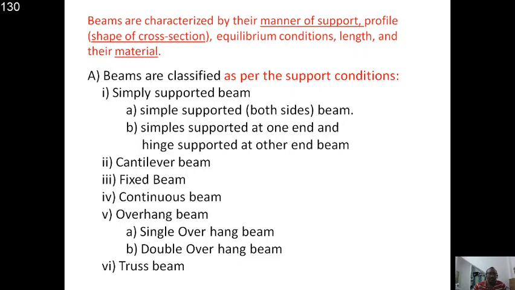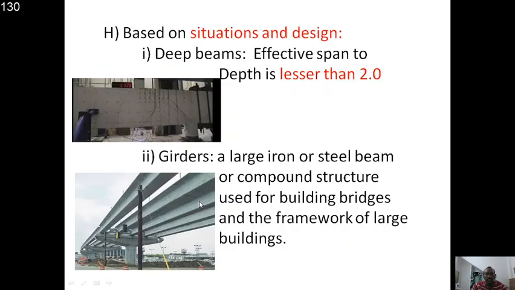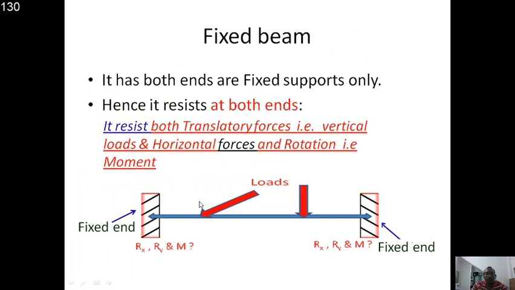For the cantilever, at one end it is a fixed end, that means a rigid support, or a built-in support, or it is encrusted at manufacturing time. So you can also see the cantilever beam here.